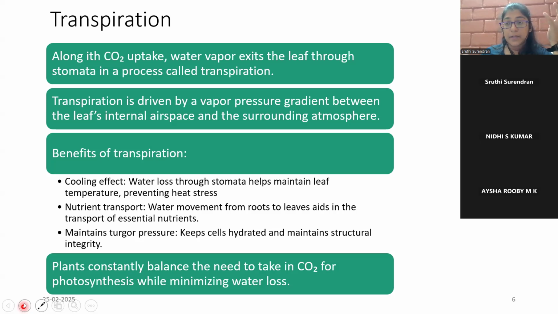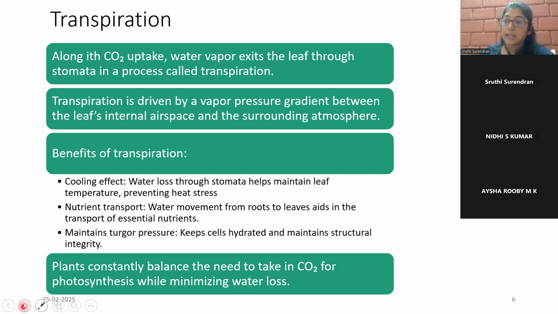Now, why transpiration? It has a lot of functions, such as maintaining the temperature of the plant. Transpiration is basically something similar to evaporation. When water is getting evaporated from a surface, this evaporation process is going to cool down the surface. So similarly, in plants, this evaporative loss of water is called transpiration, and this process is helping in maintaining the temperature of the plant.